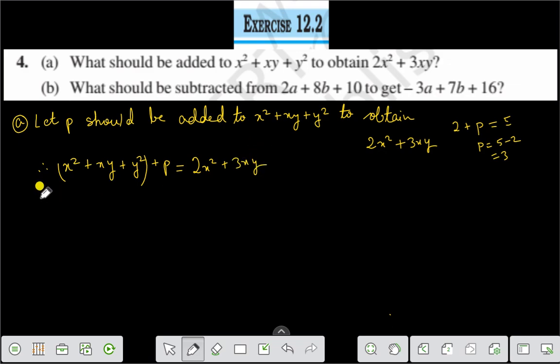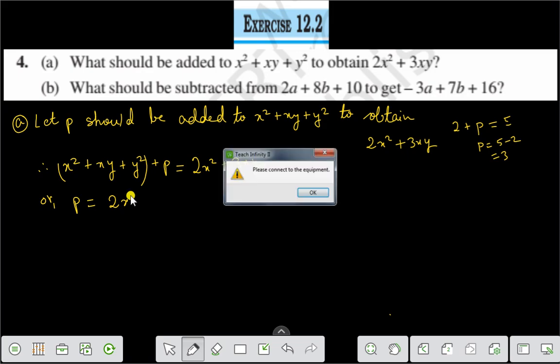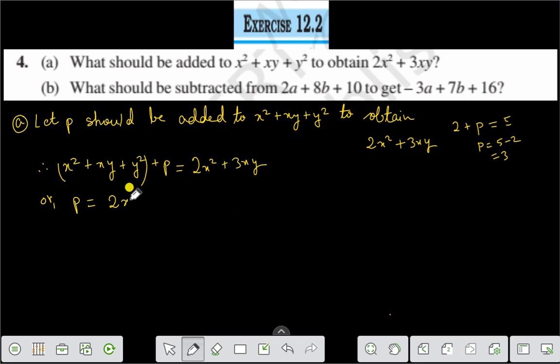If we solve this one, p is equal to 2x square plus 3xy. If we transpose this term on the right hand side, it will be changed into minus, x square plus xy plus y square, right?